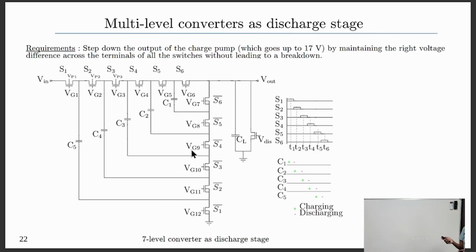Here we have the gate signals that are driving the transistors which are switches. And we have also made sure none of the transistor junctions break down, and the output is less than VDD. So we will be using this output voltage to set the common mode.